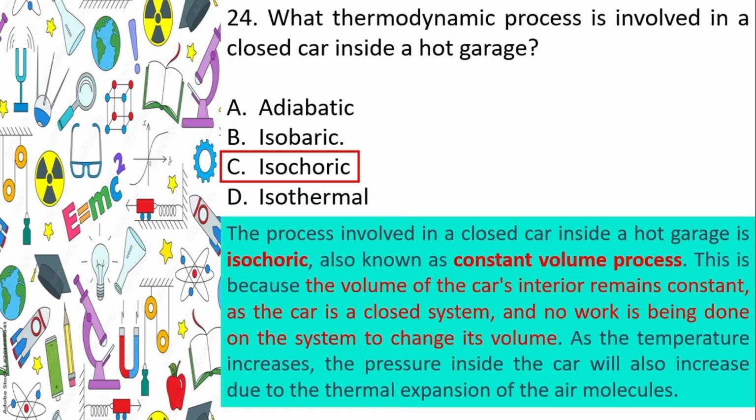So there is no change in the volume of the car because it is a closed system, and no work is being done on the system to change its volume. So the best thermodynamic process that explains this one is isochoric, also known as the constant volume process.